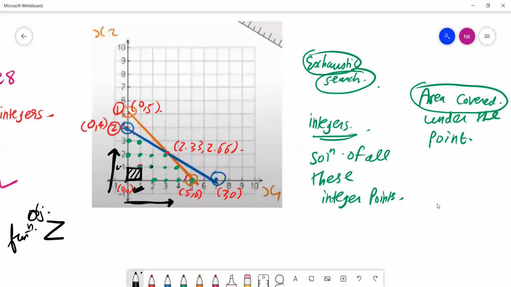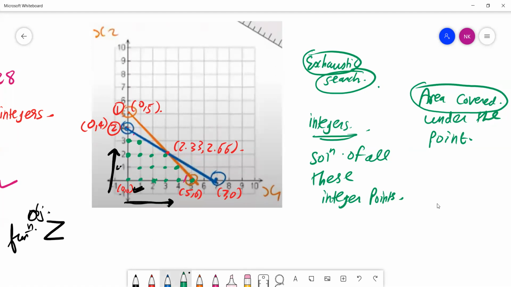For the point 2, 1, the area covered by two boxes will be considered. So the area covered is increasing as we move from left to right or from bottom to top. That is the reason we look for the maximum covering area point.